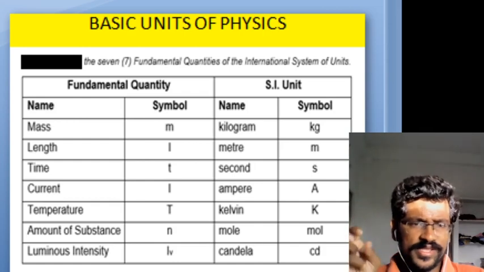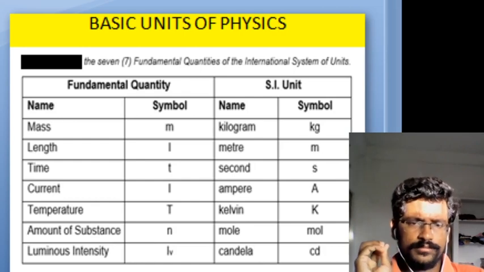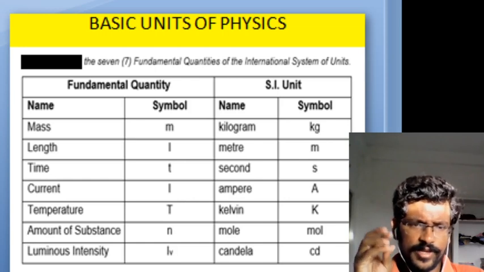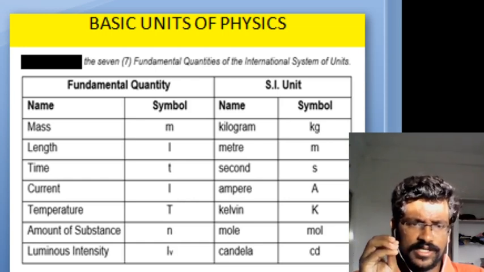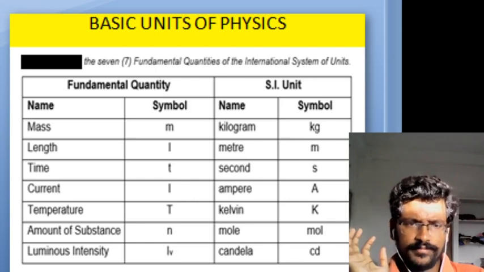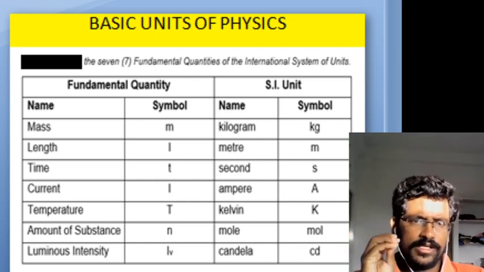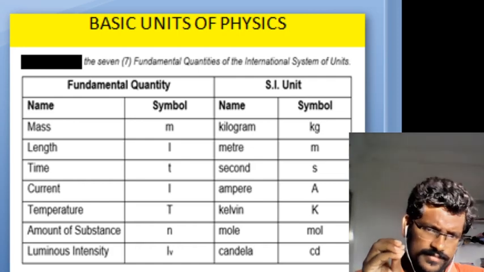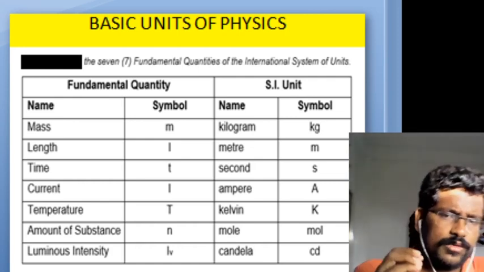That is measured by the amount of substance. The SI unit of it is mole. And luminous intensity: the light intensity is measured by luminous intensity. The SI unit of intensity is candela, cd. Okay, these are the 7 fundamental physical quantities.